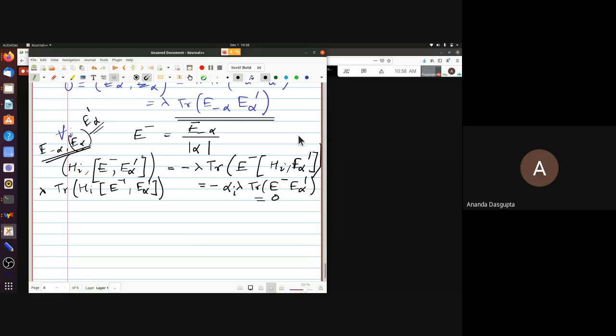But remember, this is a different thing. There's a prime here. Okay? So shouldn't that be alpha I prime? Like minus alpha I prime lambda trace of E minus, no, E alpha, no, prime, no. I think alpha I prime would have meant that this is a different root altogether. Remember, what are we trying to say?